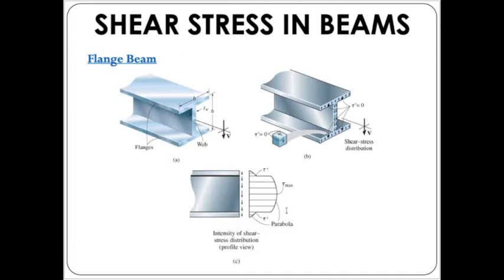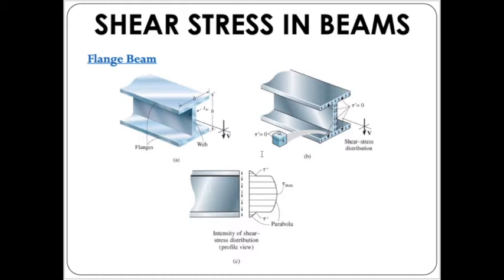So we can see that this will be the shear stress distribution, where we have a parabolic shape on the flange section as well as on the web section, with different values.